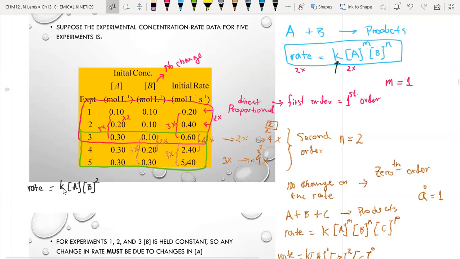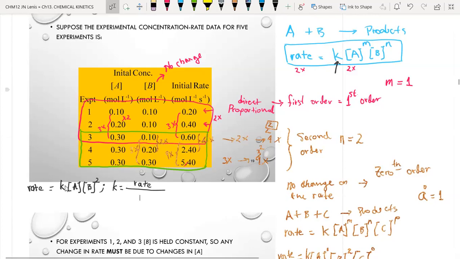So from here, we are going to solve for K. So K will be rate. We need to leave this alone. So I'm moving this. This is multiplying here, so it goes down here to divide. But some people like to say, okay, divide everything by this expression. I just like to move it.